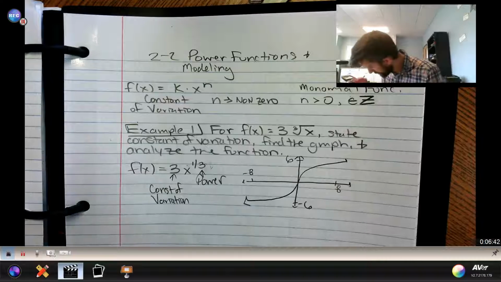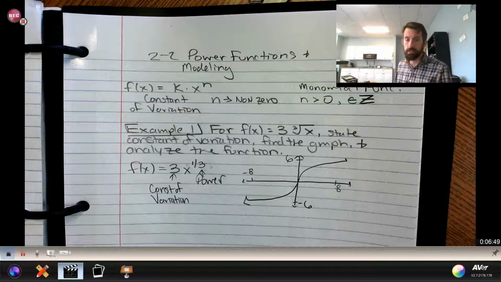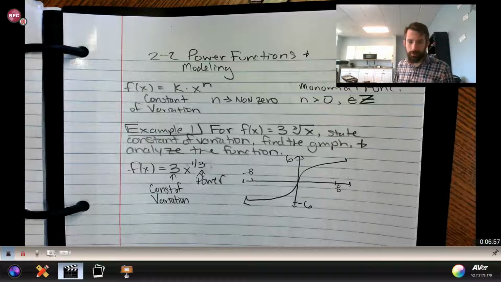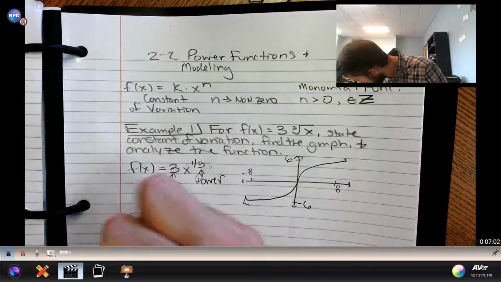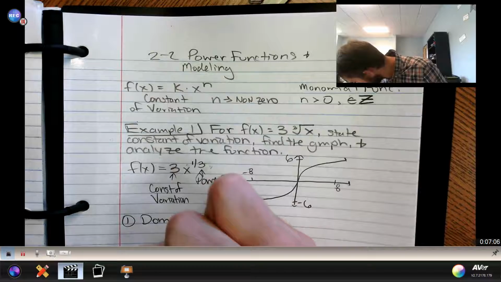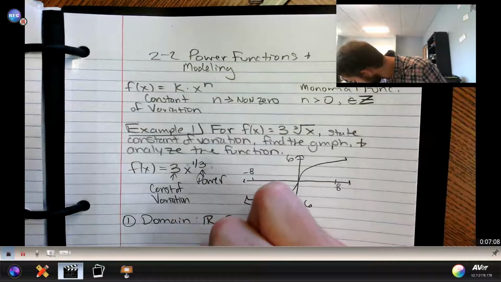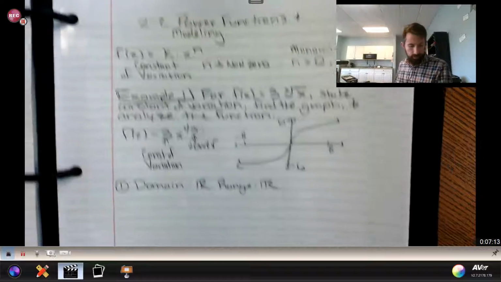Now, when it talks about analyzing the function, there are 6 properties that we're going to want to list. These are properties that come with us from chapter 1. We see them here in chapter 2. We'll also see them in chapter 3. The first one, for any function, we can find its domain, which is all real numbers, and its range, which is also all real numbers.